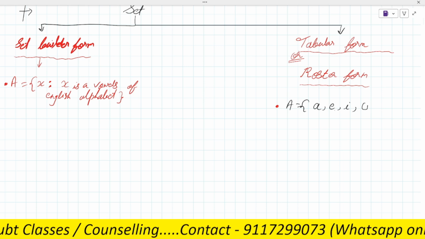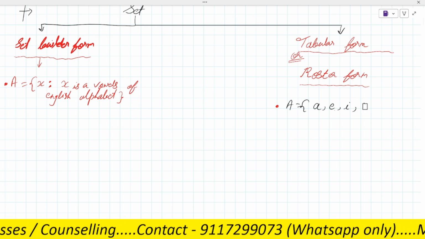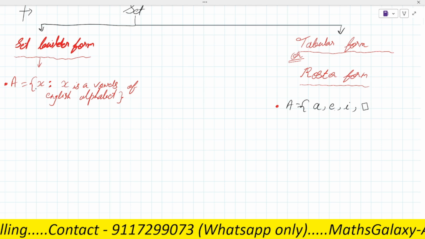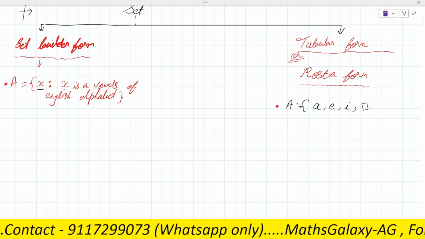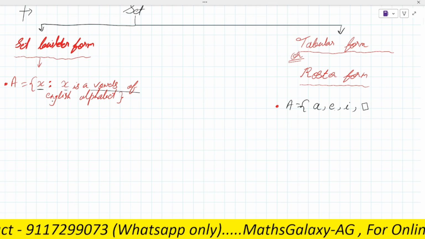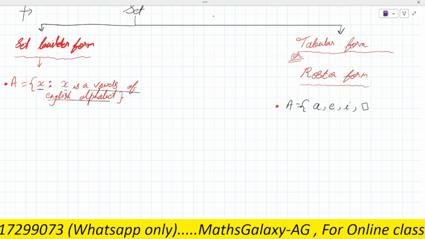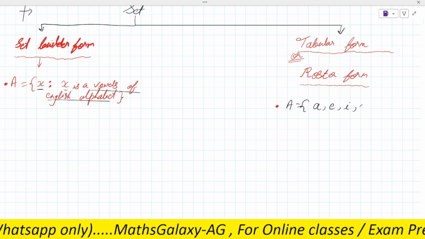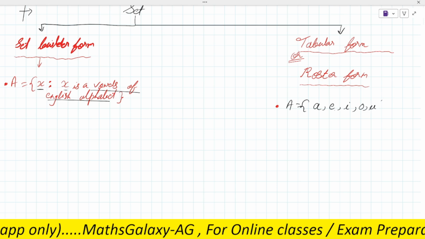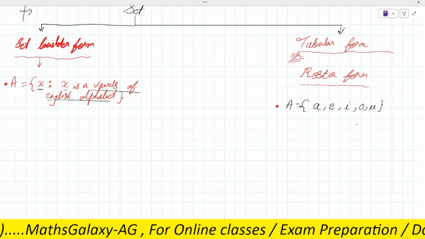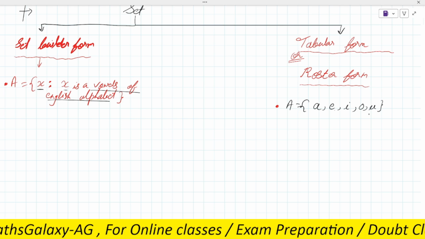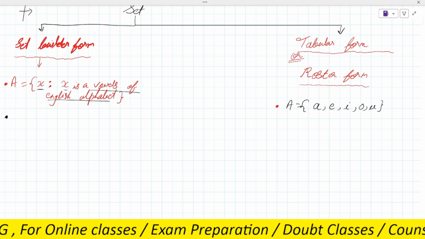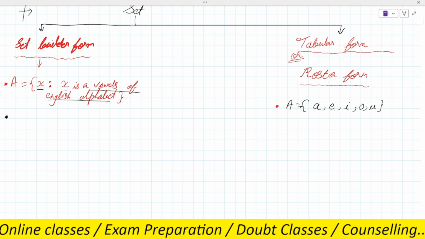X is a vowel of the English alphabet, so A, E, I, O, U. We will write it in curly brackets: A, E, I, O, U.